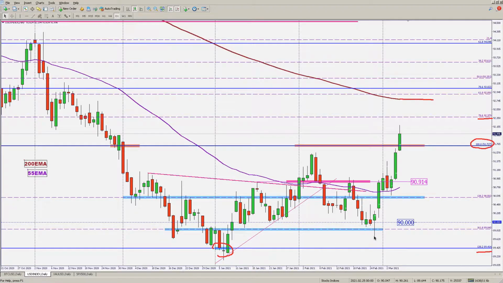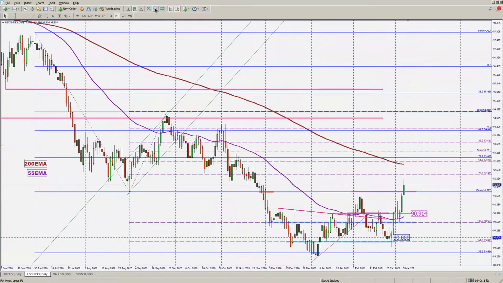But this was also after a second bounce and retest of this area at the 162 fib extension, which drove the US dollar higher. Let's take a look at where this came from.